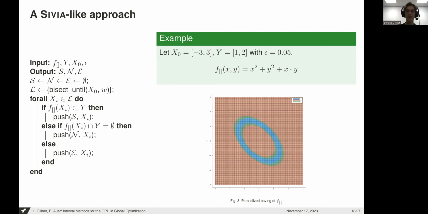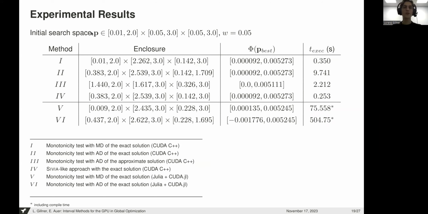And then we put them to the test for the initial search space of, well, shown above here, at a width of 0.05. And so these are our results. So the first 4 results are for the C or C++ implementations, where the lower 2 are the Julia versions.